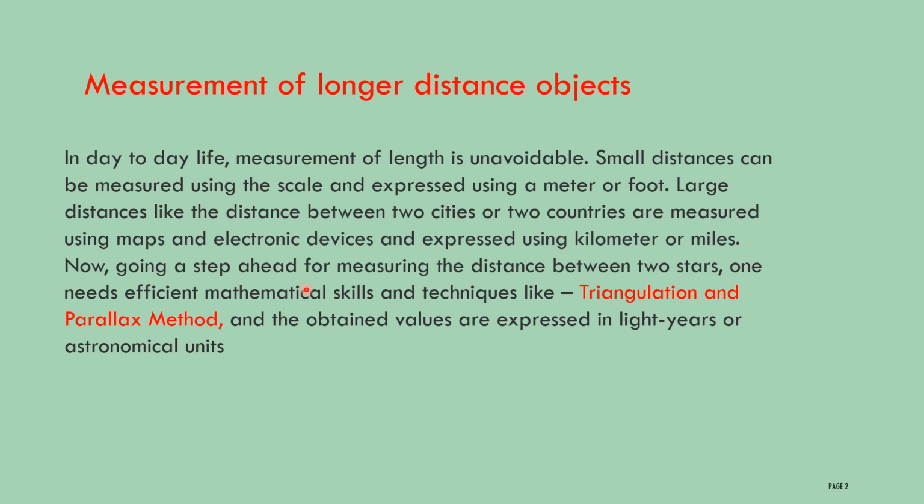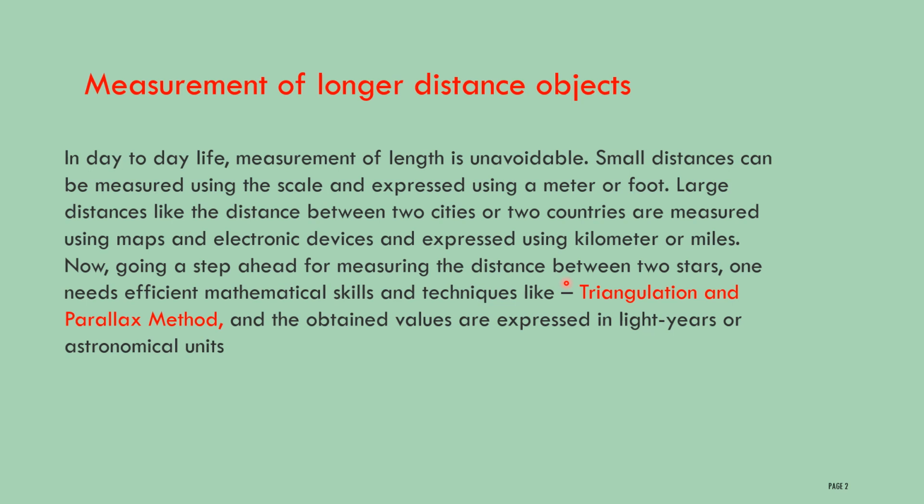Now going a step ahead, for measuring the distance between two stars. Distance between two stars is not a small one. We can't measure using a scale. We can't measure using a map and electronic device. To measure the distance between two stars, between two planets, between the stars and planet, then distance between the earth and the moon, to measure the long distance, we will use some mathematical skill and technique.